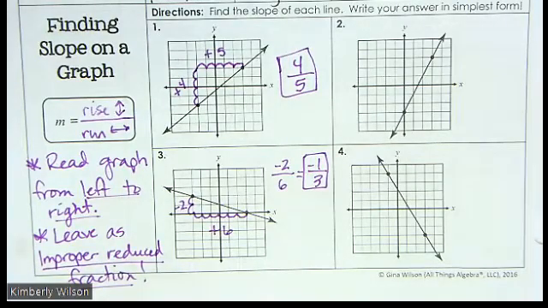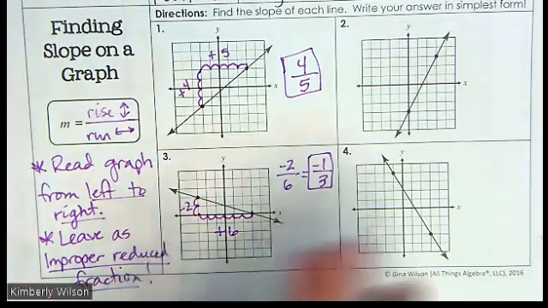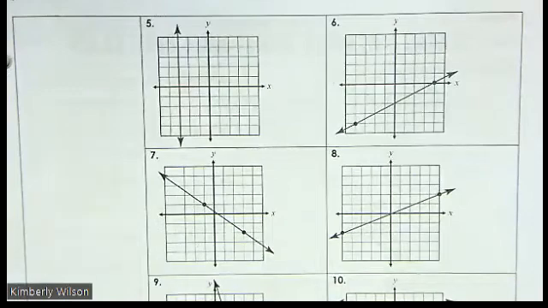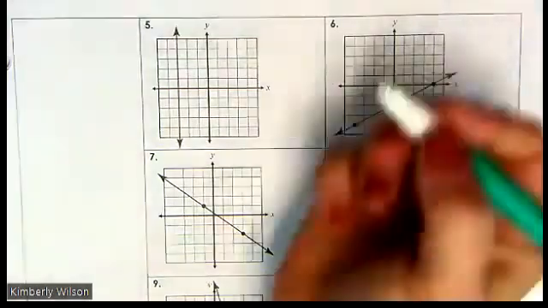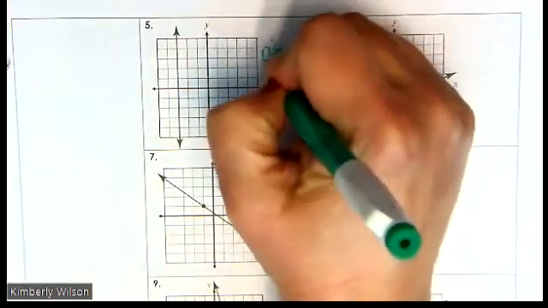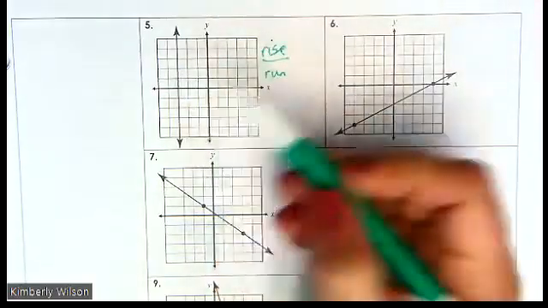Okay, next example. Looking at number 5. Again, remember it's rise over run. It doesn't give me 2 points on here, so I can find whichever ones.